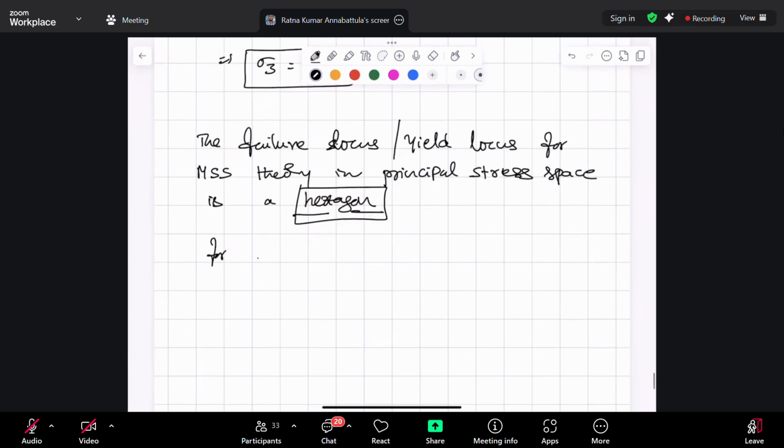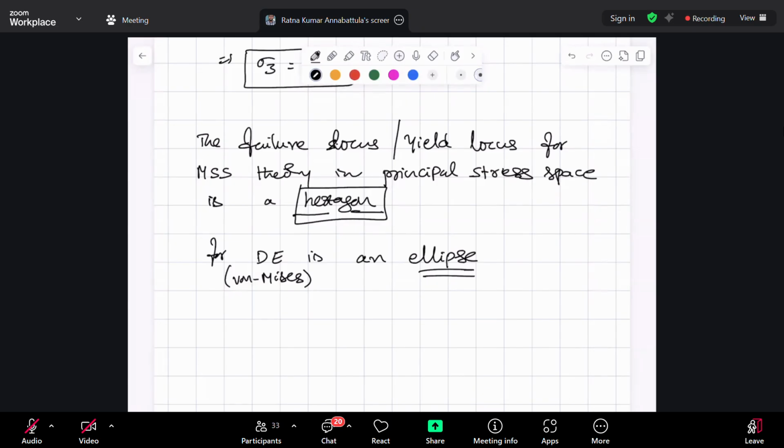For distortion energy theory, the failure surface is an ellipse, which we have seen in the last class. This is also called von Mises theory. Is that clear? Yes, sir.